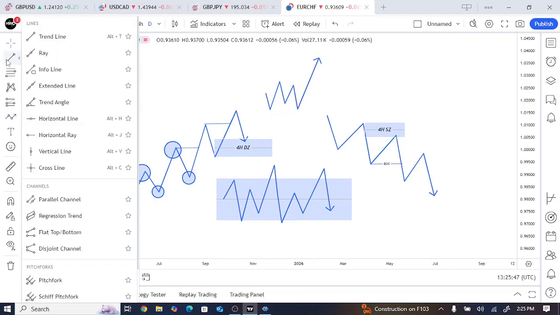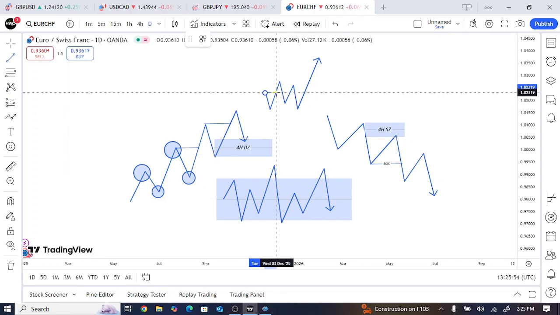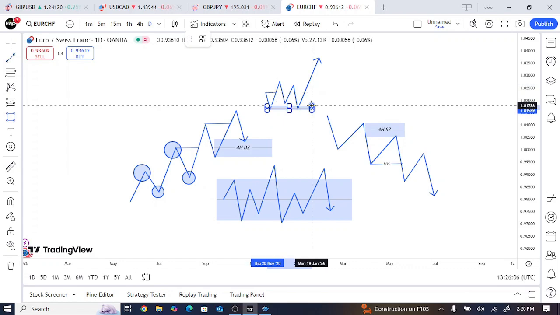Something like this, a market structure shift in the 15-minute time frame, and I'll be targeting something called a demand zone.